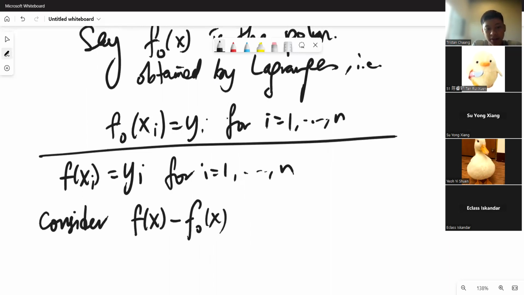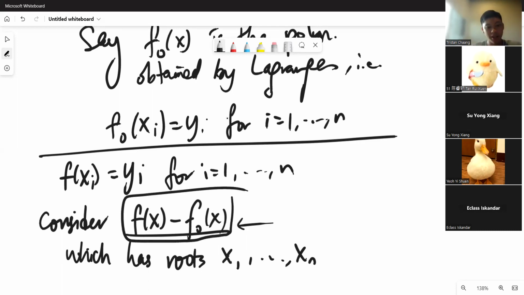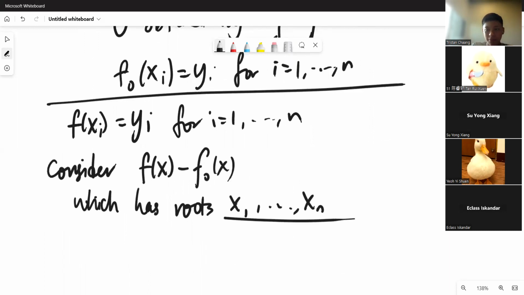Then this polynomial has roots x1 to xn, right? This polynomial vanishes at all of these points because f(x1) equals f naught(x1), f(x2) equals f naught(x2), and so on. So that polynomial itself has these many roots, and the converse is also true. If f(x) minus f naught(x) has roots x1 to xn, then f(x) is also a solution to our general problem. So nice.